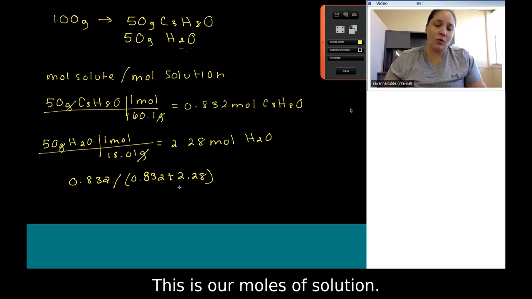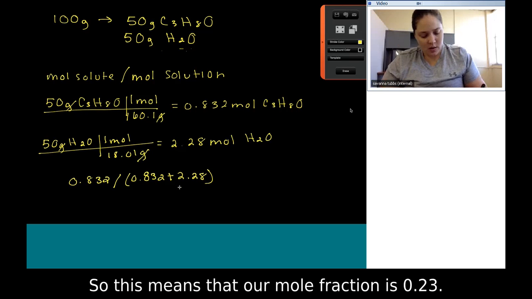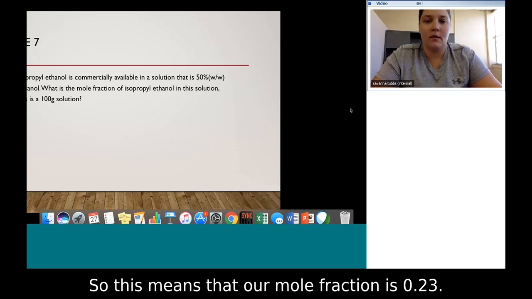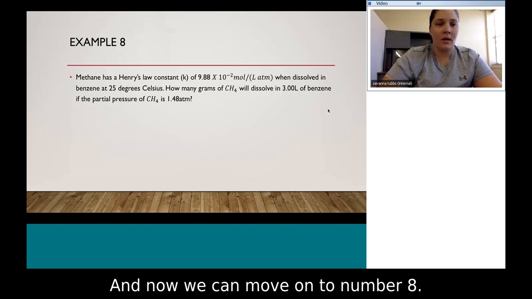This is our moles of solution. So this means that our mole fraction is 0.23. And now we can move on to number 8.